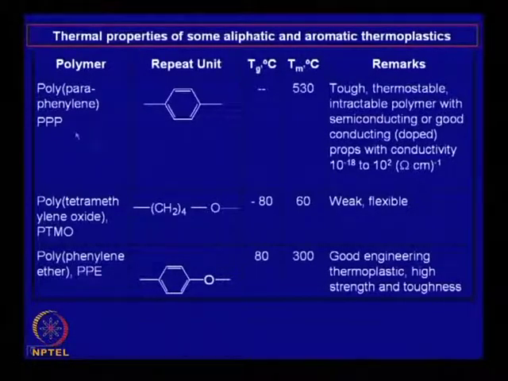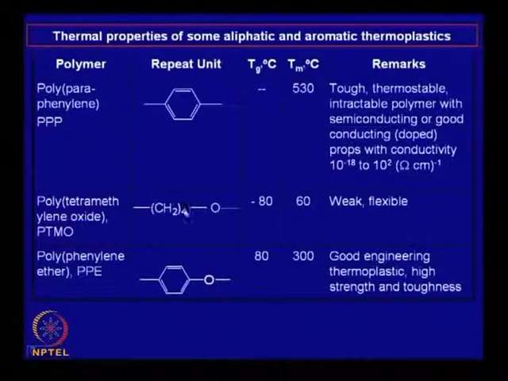Examples of various polymers: polyparaphenylene, polytetramethylene oxide, polyphenylene ether. If you compare each of them, only phenyl ring, there is no aromatic ring, only alkyl chain, methylene groups, oxygen is there. Again, if you compare this polymer with this polymer, oxygen is there, which is flexible, ether linkage is flexible in a polymer chain. So, here you see, because of the presence of methylene groups, its Tg is minus 80 degree.